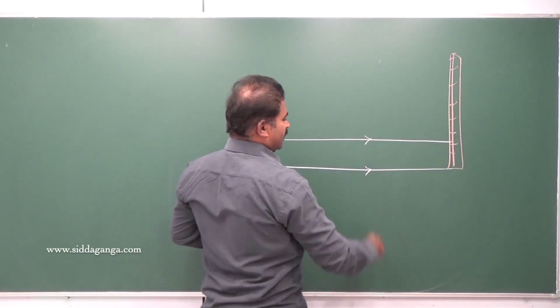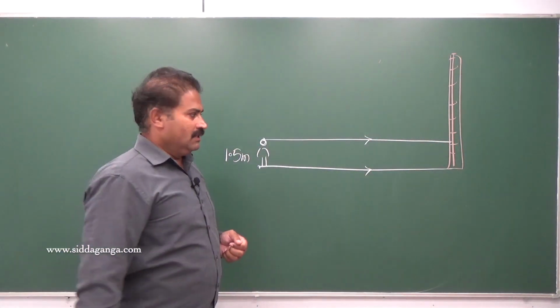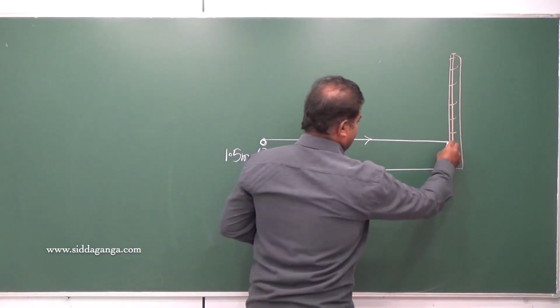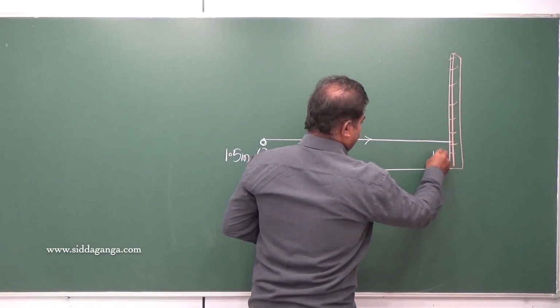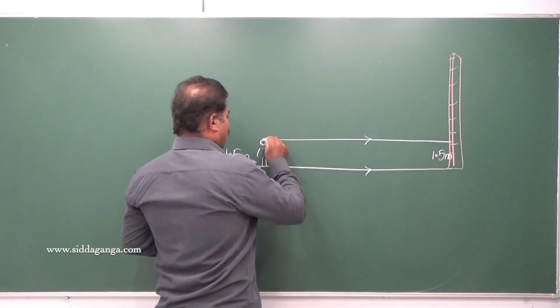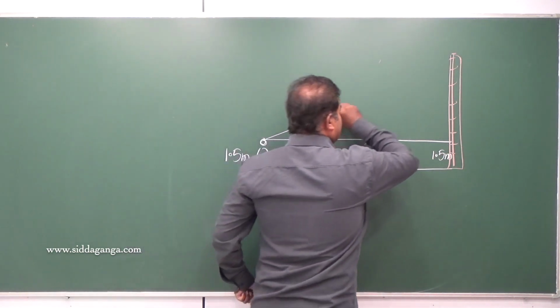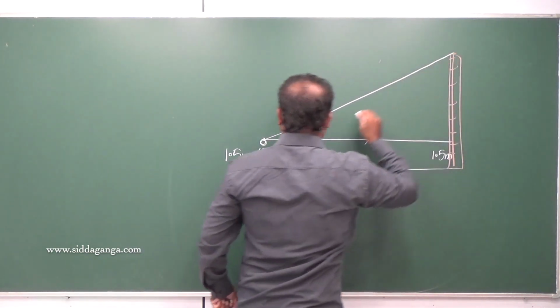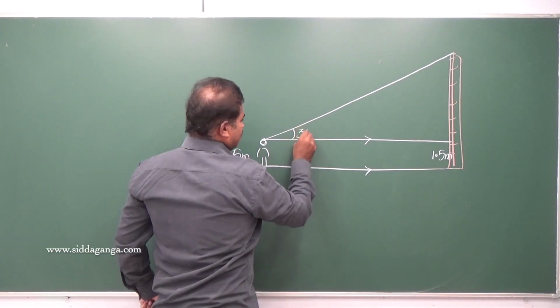Horizontal level will be perfectly parallel to the ground. So that means this height is also 1.5 meters. So to look at the top of the building, he creates an angle of elevation of 30 degrees.